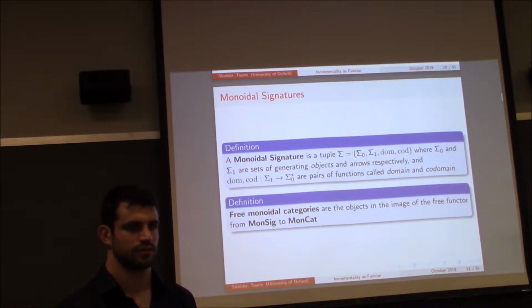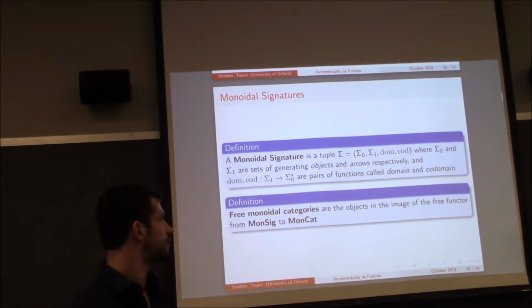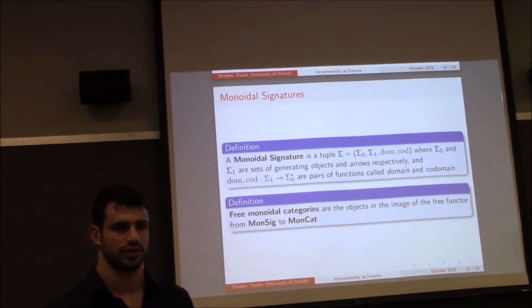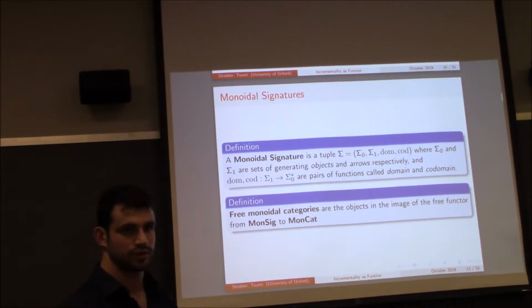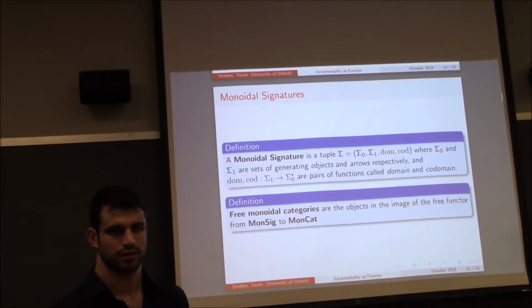It's the free monoidal category over a graph. The monoidal signature is basically a graph, and then your free monoidal category is your transitive closure. You can have a formal product of your generators as the source and target of your arrows, so you don't have to just have arrows directly between generating objects.